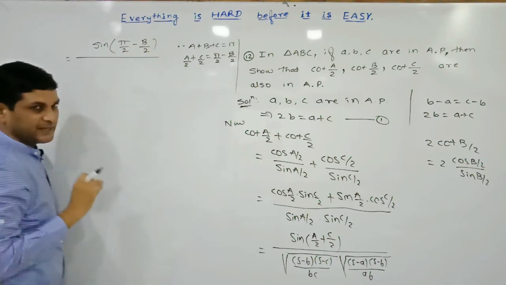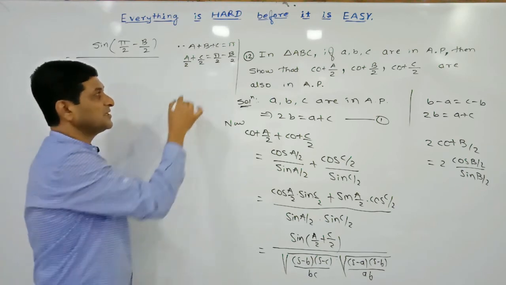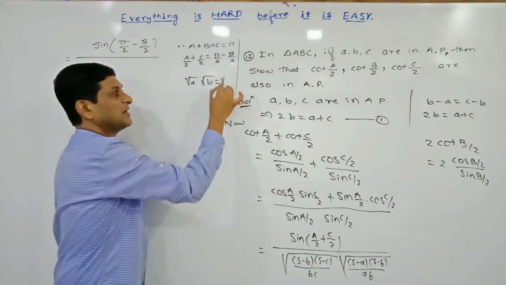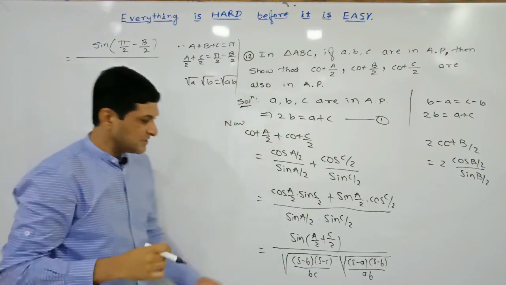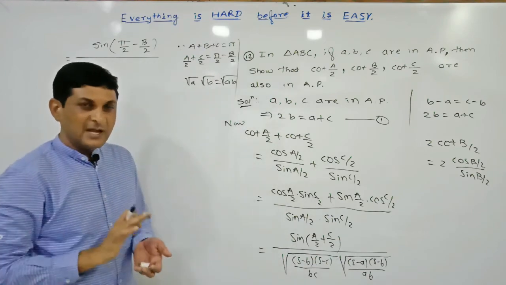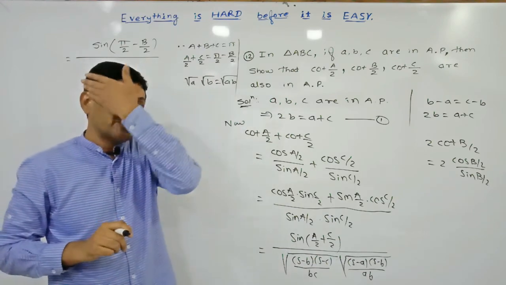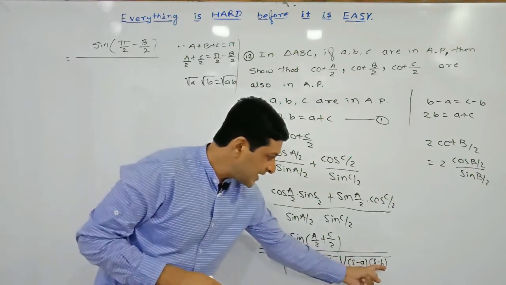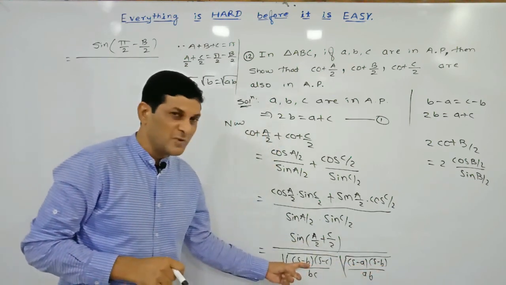Now in the denominator, observe the denominator. Terms in the denominator are in the form of root a into root b, which can be written as what? Root ab. Parallelly observe whether it is possible to simplify it or not. In the numerator, s minus b into s minus b will become what?